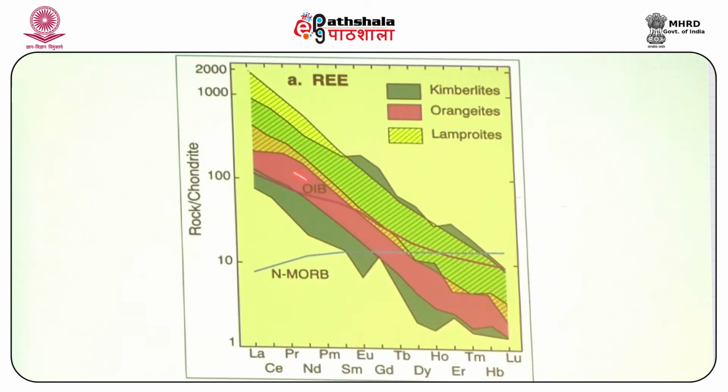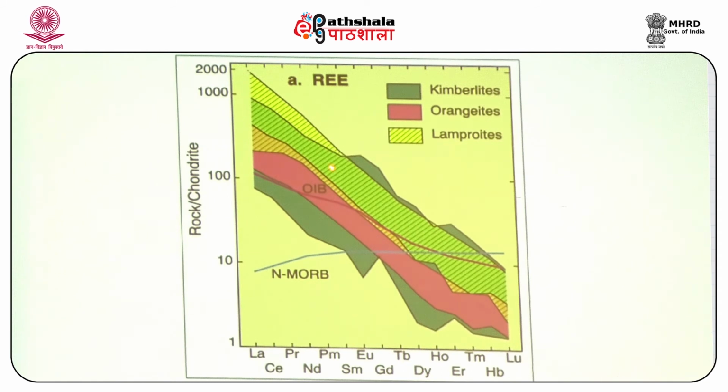Now, in these patterns, what you see is, this is the light rare earths: lanthanum, cerium, neodymium, samarium. These are called light rare earths, these are called heavy rare earths. So, these will be preferentially enriched because of mantle metasomatism. So, you will have more light rare earths compared to the heavy rare earths.